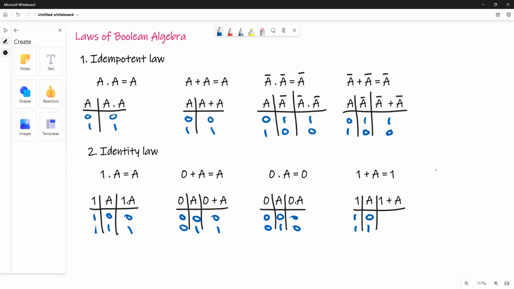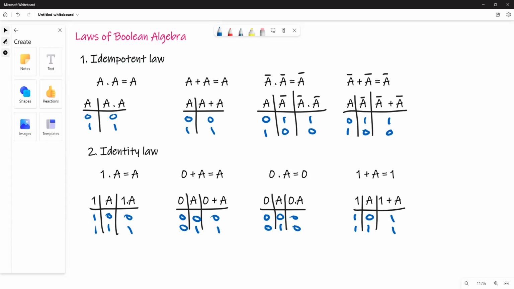So 1 plus 0 is 1, 1 plus 1 is 1. So these are the things that come under the identity law.